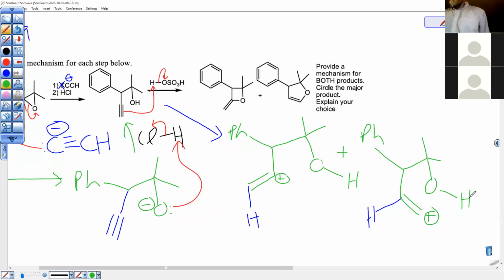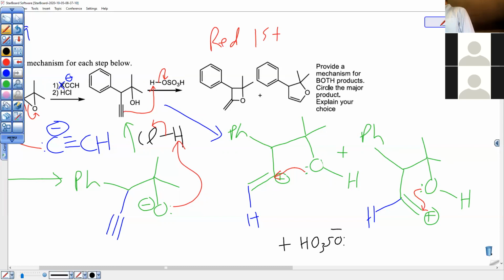And the first step would definitely be lone pair attacking the cation to make the OC bond. And the second step, any color other than red, would be the base, which is hydrogen sulfate ion. You made one when you made the first cation.